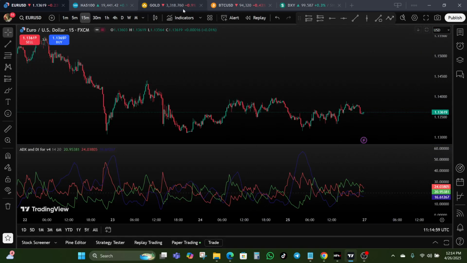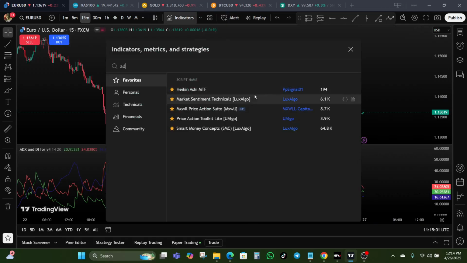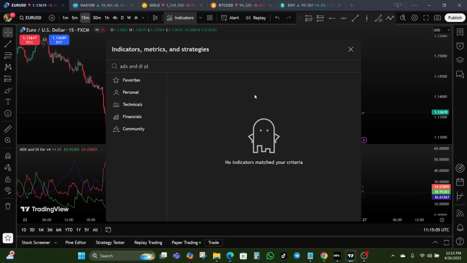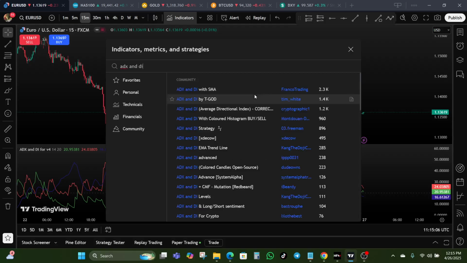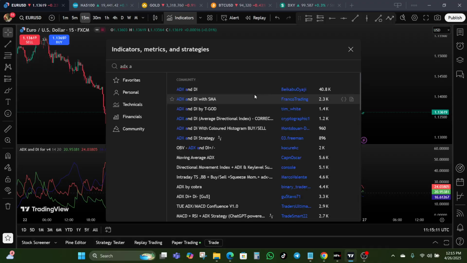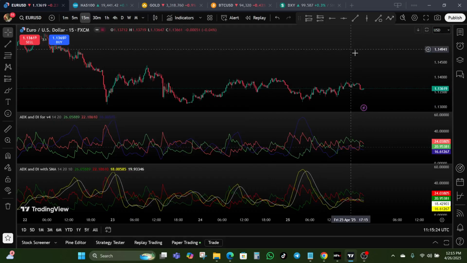Now, let us look at the ADX and DI with SMA indicator.